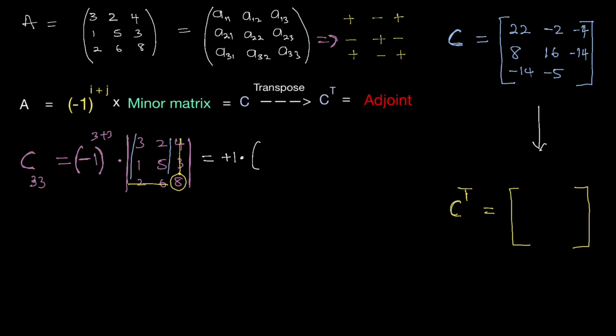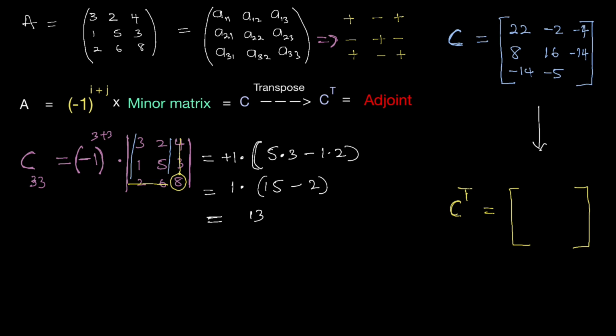And so I need to find the determinant of that minor matrix. 5 times 3, that's 15, minus 1 times 2, and that would be equal to 1 times 5 times 3 is 15, 15 minus 2, and that would be 13.